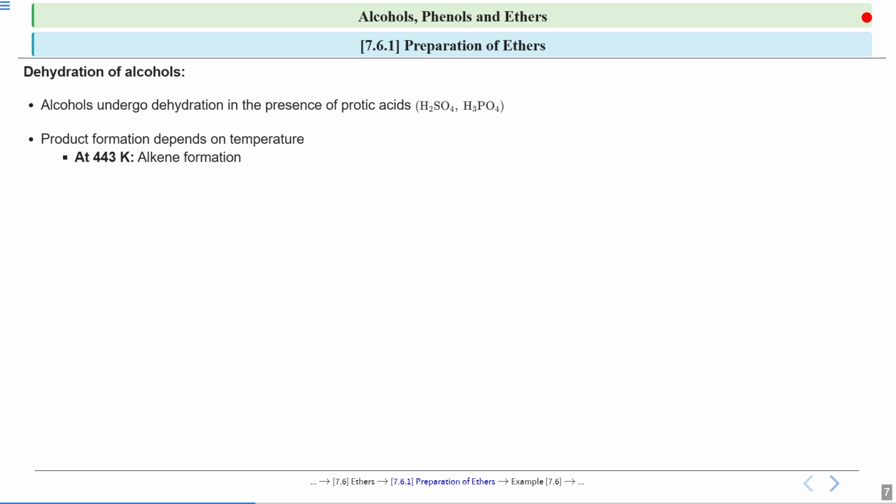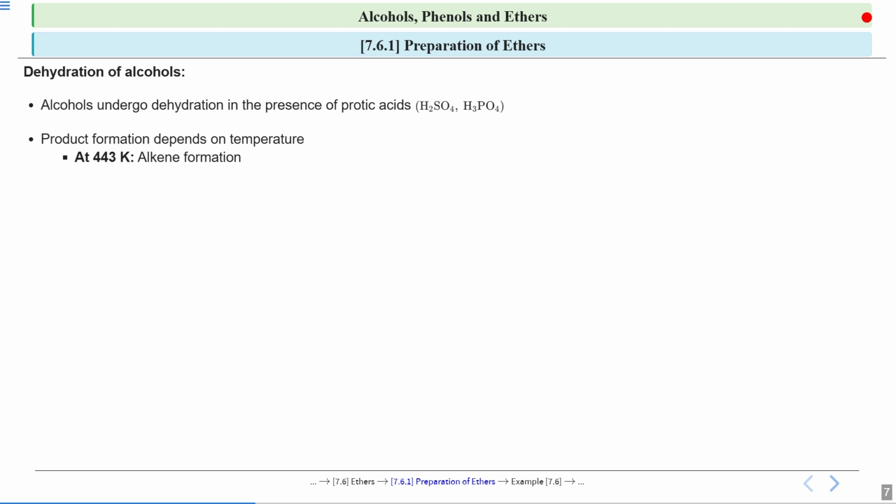In chemistry, reaction conditions play a very important role. Whatever the conditions around the reaction, it proceeds according to that. So not always is ether formed when alcohol is treated with a protic acid.